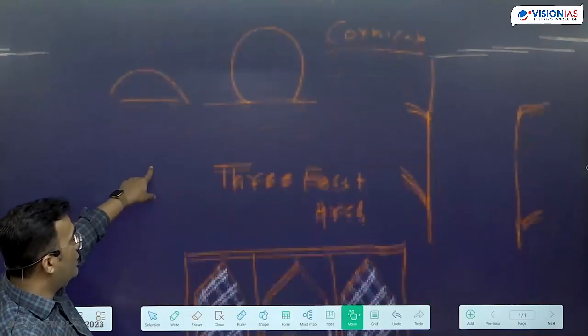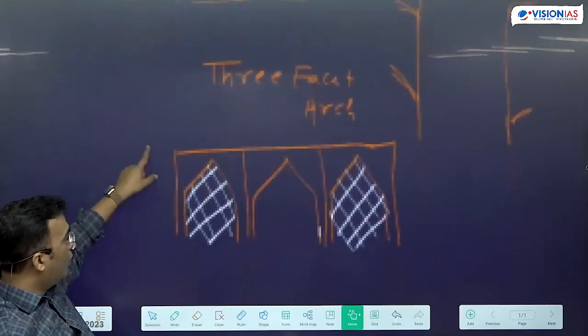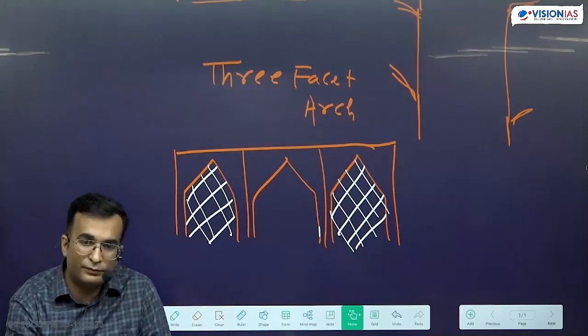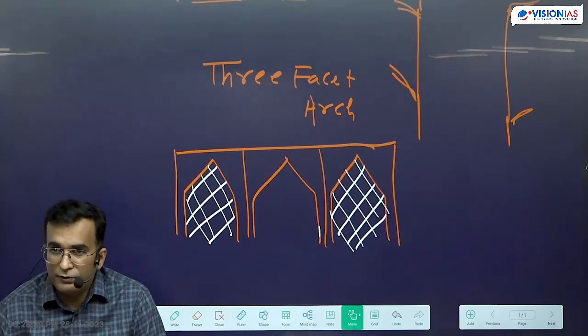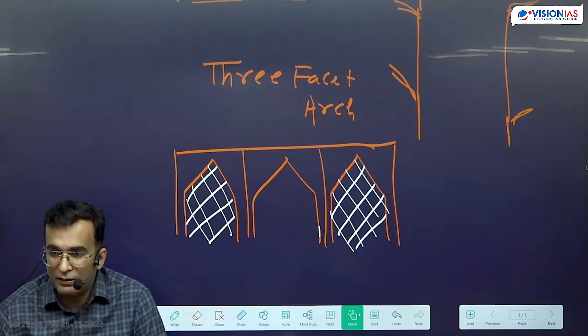In these arches, only one was functional and the other two were blind.